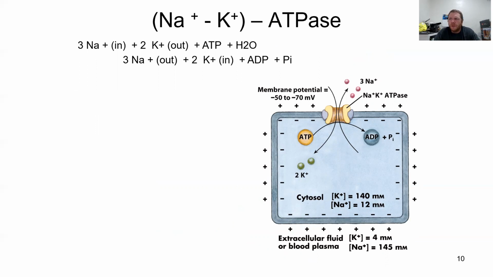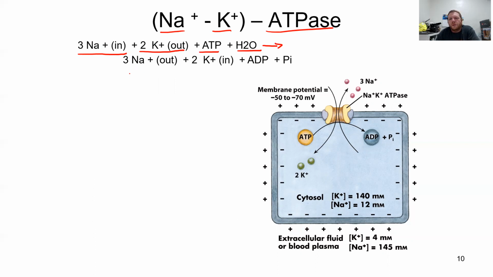So to probe into a slightly more specific example, we have a sodium potassium ATPase. Okay, so the net for this reaction is right here. We have 3 sodium ions that are going in, 2 potassium ions that are going out, and ATP, H2O are involved.